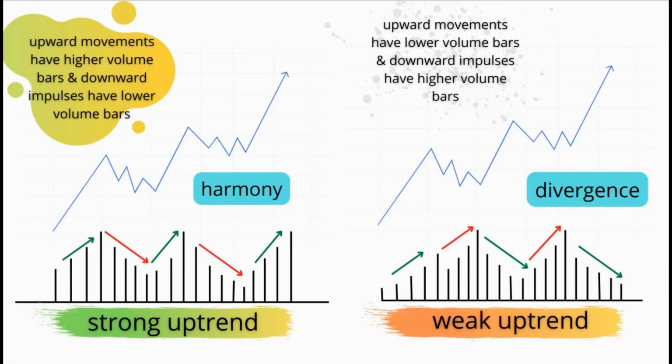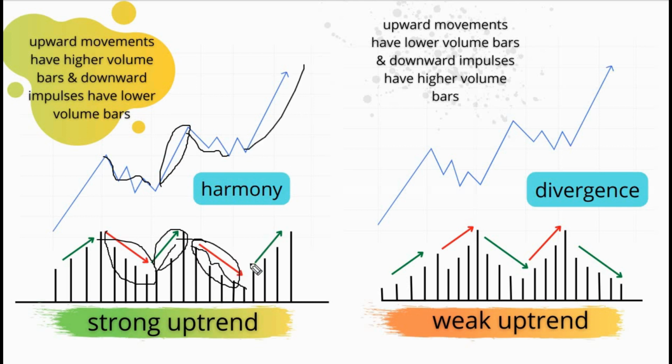See here, this is an uptrend. In case of the uptrend, the buying legs are of good volumes and the selling legs, that is the pullbacks, are of low volume. The buying legs are of good volume, the pullbacks are of narrow or lower volume.